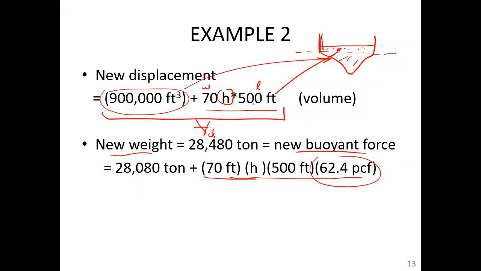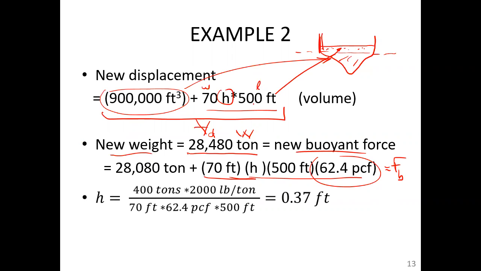This gives us the total weight of the new vessel, and it gives us the volume displaced. So in the previous line, the 28,480 tons is the weight. In the second line, this is the buoyant force. And so the only unknown in that equation where weight is equal to buoyant force is the new draft H.